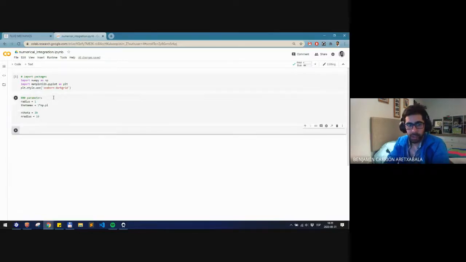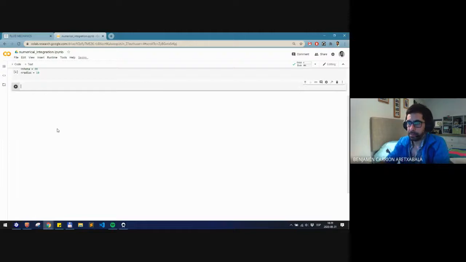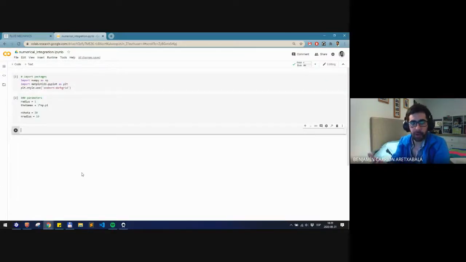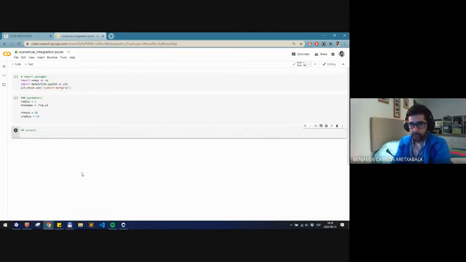Now what you normally do is compute a mesh, or just the corners of each individual small area, in the same way as you would if you were integrating numerically. So let me compute the corners. Let's create a couple of vectors.